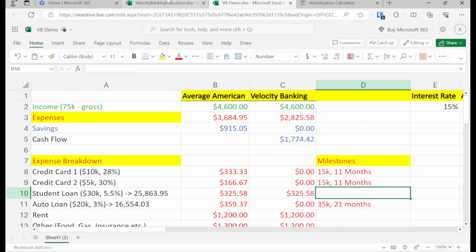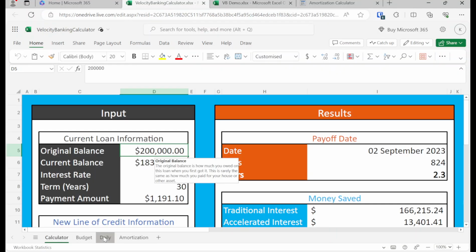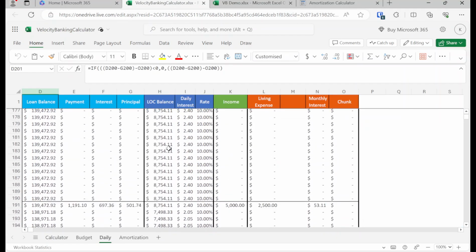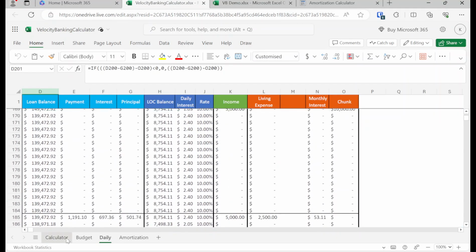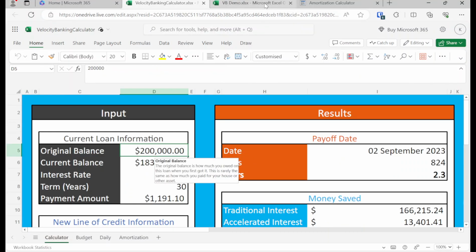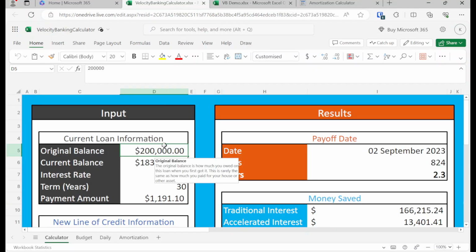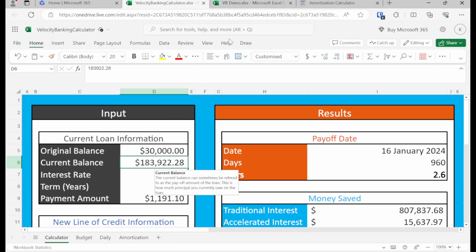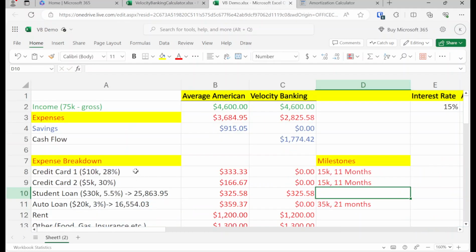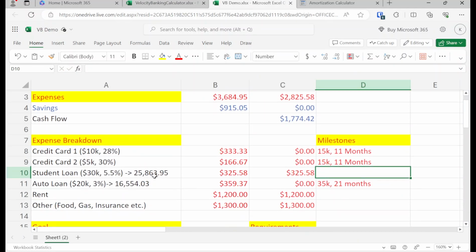So I have a Velocity Banking cheat sheet calculator that does all the calculations for you. It's a little bit more accurate than what I'm doing right now because I'm just kind of doing cowboy math. But if you just put the loan terms here, so for example, $30,000. What's the current balance right now?